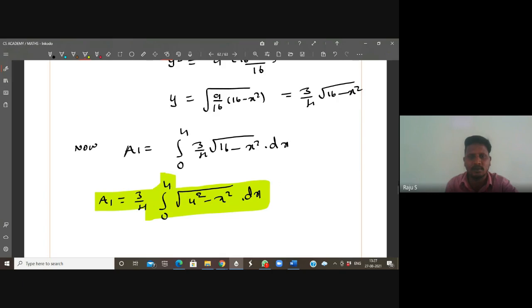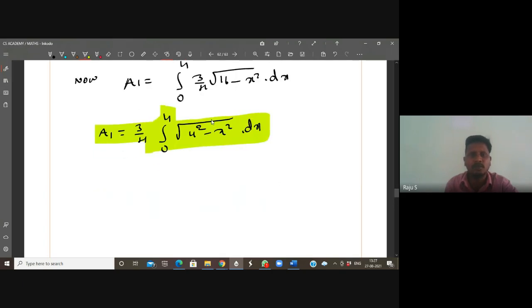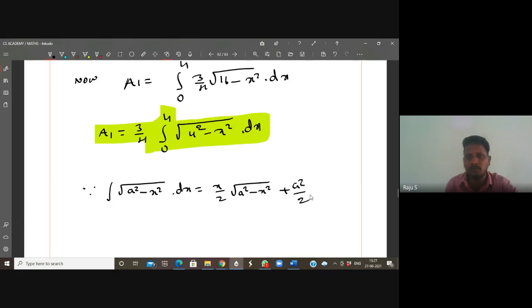So this is in the form of root over a square minus x square into dx. What is the formula, students? x by 2 root over a square minus x square, plus a square by 2 sine inverse of x by a. Got it? This is the formula.